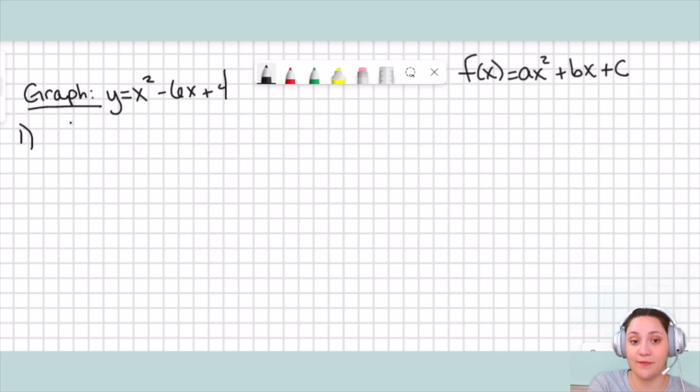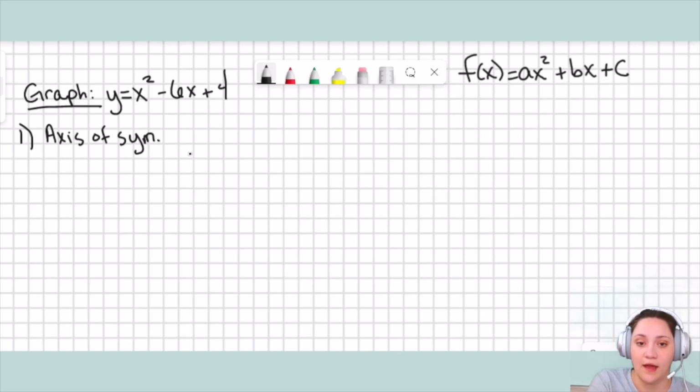So our first step that we did was to find the axis of symmetry, and that we found was equivalent to the line x is equal to 3. The second step that we did was we found the location of the vertex, which is at the point 3, negative 5.